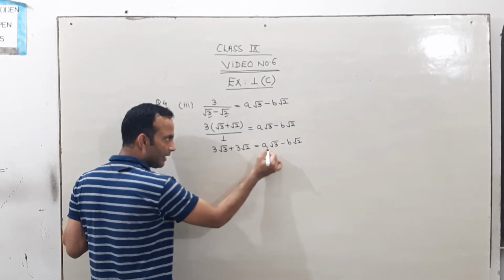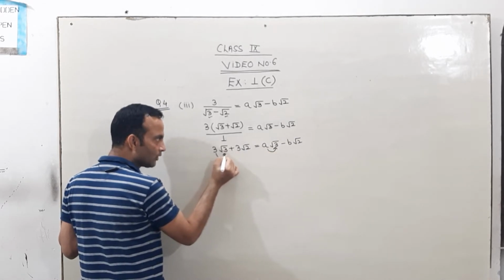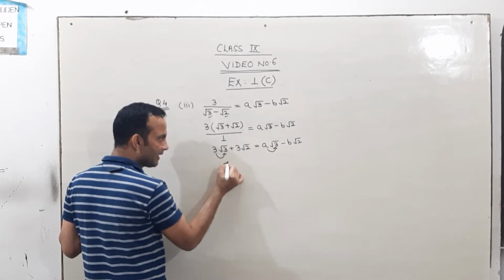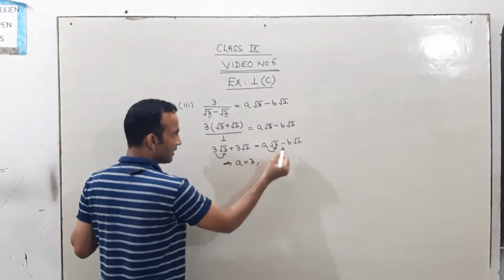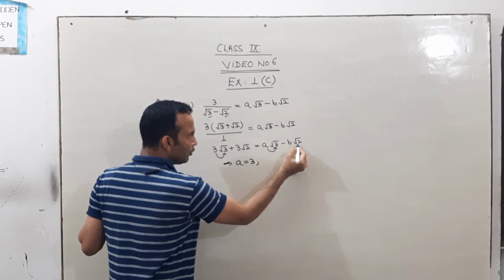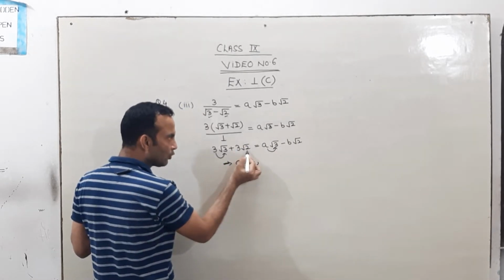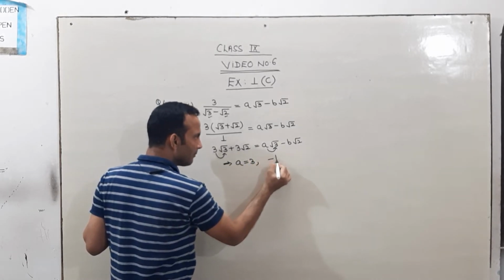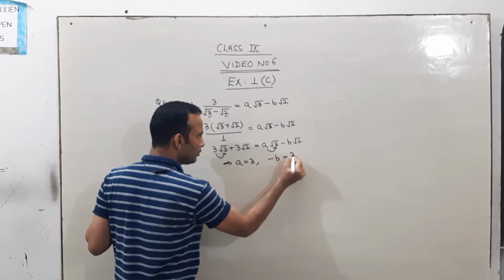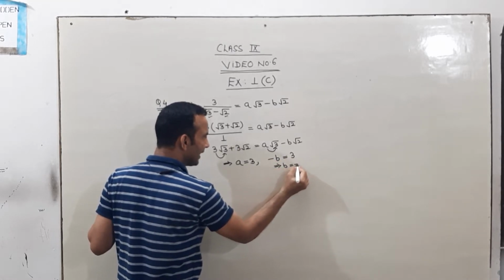Since a is linked with root 3 and here 3 is linked with root 3, this implies that a is equal to 3. With root 2, minus b is linked and here with root 2, 3 is linked. So in that situation minus b is equal to 3, which implies that b is equal to negative 3.